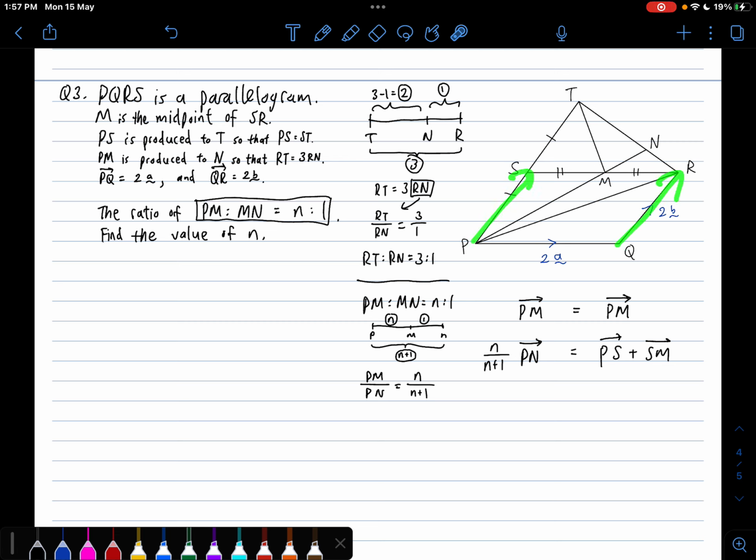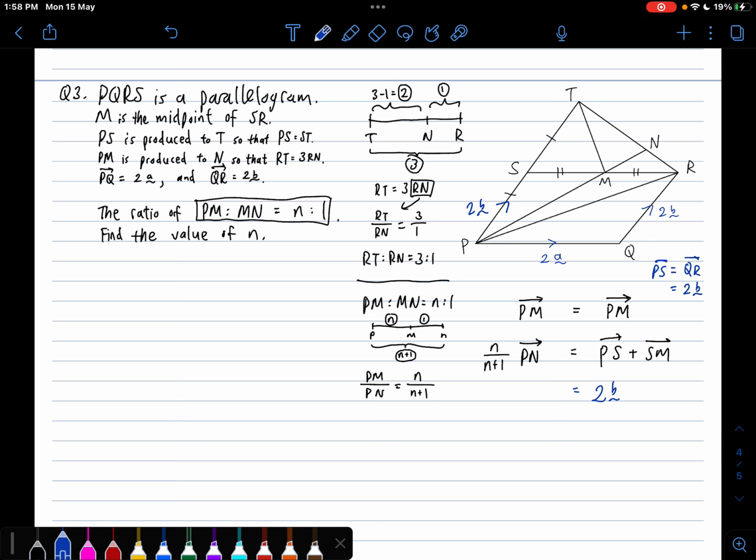QR is vector 2b, so PS, in the same direction, will also be 2b. I will write a short note here: PS exactly equals QR, which in turn equals vector 2b.